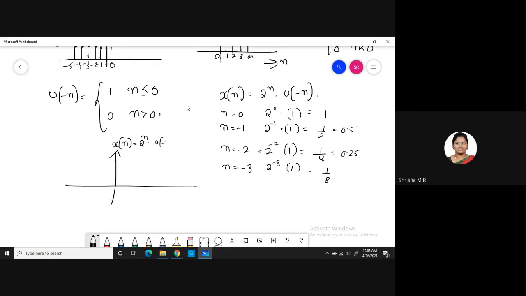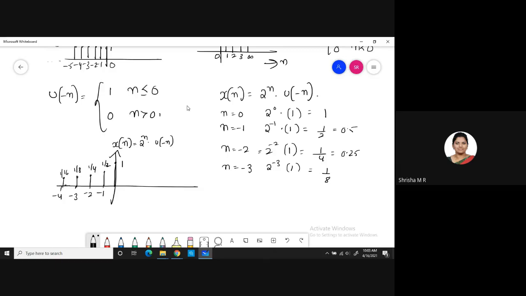At n is equal to 0, the amplitude was 1. At n is equal to minus 1, the amplitude was half. At n is equal to minus 2, it was 1 by 4. At n is equal to minus 3, it was 1 by 8. At n is equal to minus 4, the amplitude will be 1 by 16.